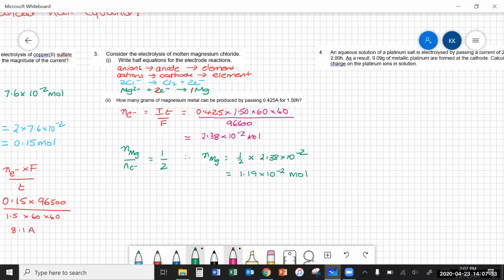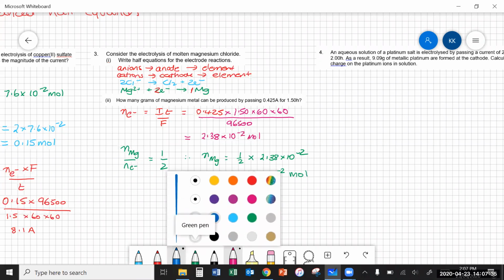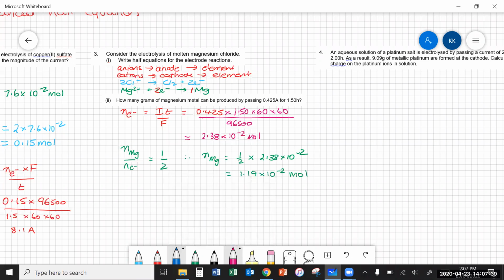And then to convert that to our mass data, mass is equal to moles times molar mass. 1.19 times 10 to the minus 2 times by magnesium, which is 24.31, comes out to be not even a gram, 0.289 of a gram.